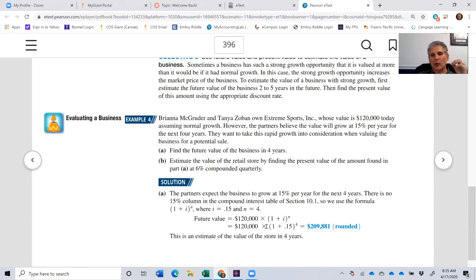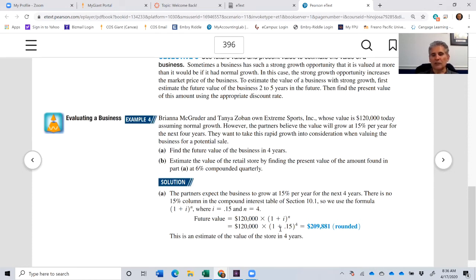Multiplied by open parentheses 1 plus I to the power of n. We can substitute the I and the n. 0.15 for the I, that's 15% per year, it's annual, so we don't have to convert it to anything. And then 4 is n, so to the power of 4. 120,000 times, open parentheses, 1 plus 0.15, close parentheses to the power of 4.